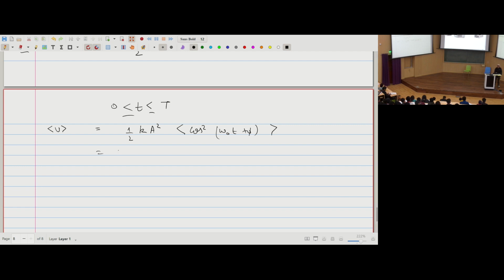So this becomes half times 1 by 4 times k a squared, and the time average value of kinetic energy also becomes half times k a squared. So we can conclude for this particular situation that the time average potential energy and kinetic energy are equal.